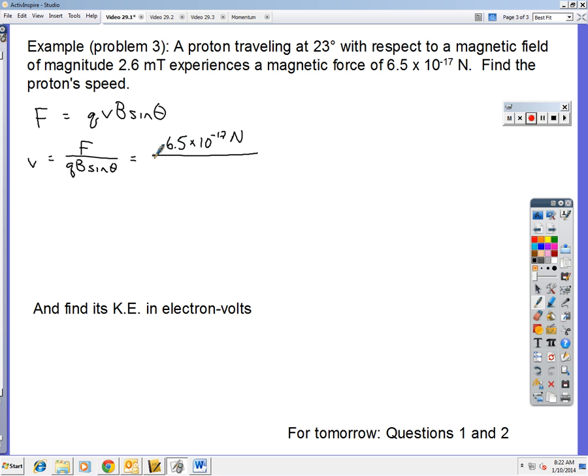Now the charge on the proton is the same as the charge on the electron, just positive, so 1.6 times 10 to the negative 19 coulombs. Magnetic field is 0.0026 Tesla times the sine of 23 degrees. And you put all this in your calculator, you find that the velocity of the proton is 4 times 10 to the 5th meters per second.